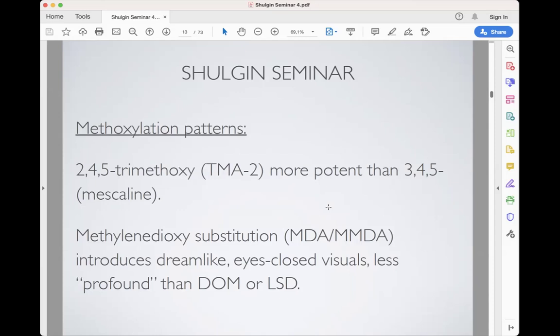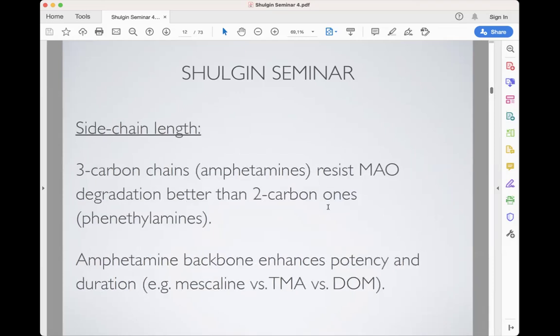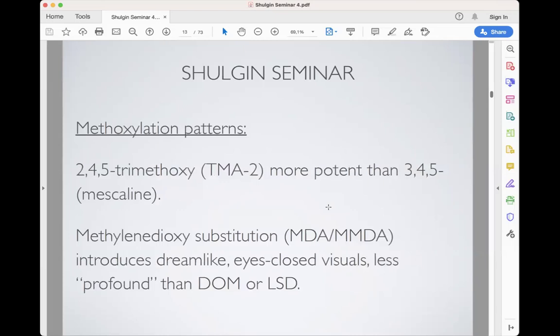What else? Anything to comment on or not? Because then on page 18, he mentions another possible substitution, methylenedioxy substitution. And here there is a qualitative aspect.